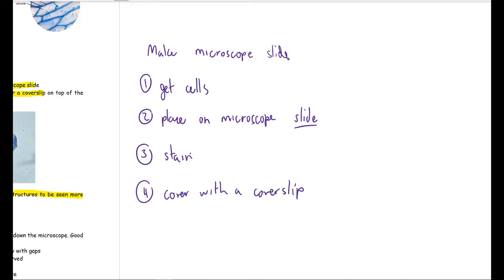Now, if you're looking at onion, you peel a thin layer. So I'm going to write onion in red. So you peel a thin layer, you place on a microscope slide flat, and then you stain with, for the onion, iodine.